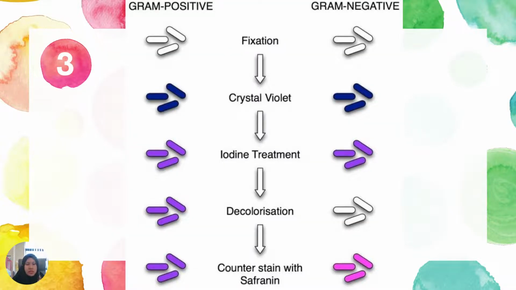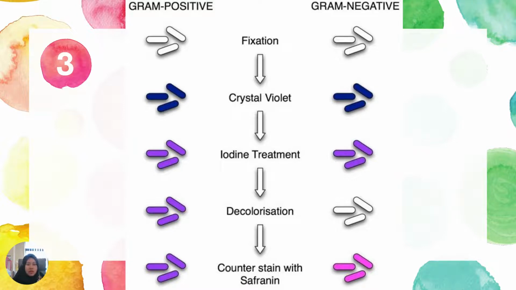This is the process for gram staining. There are 5 steps. The first one is fixation. Fixation means you put the bacterial culture onto your glass slide, and you fix it by waving it through the fire.